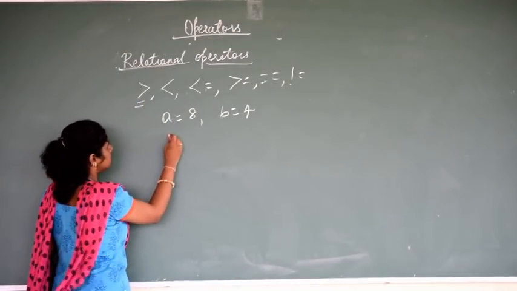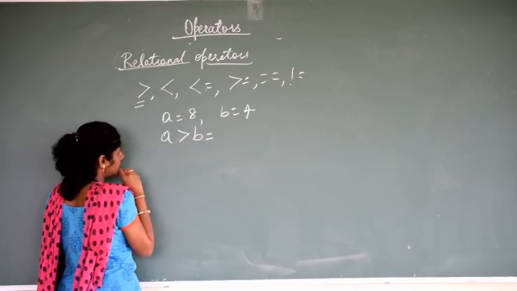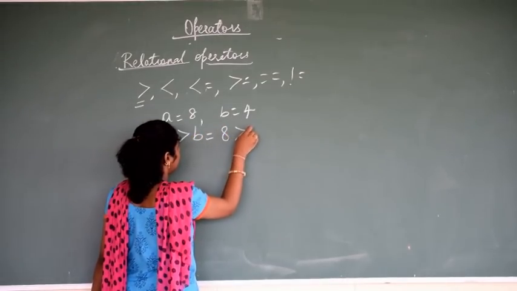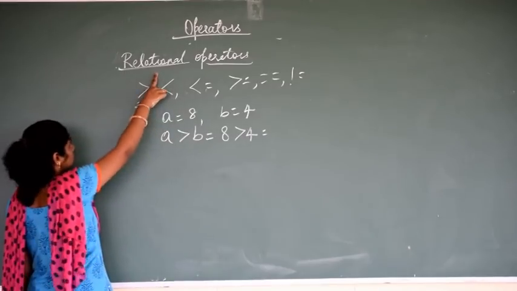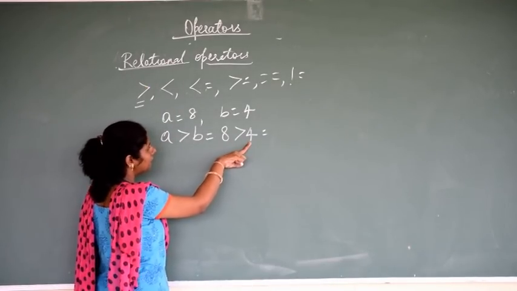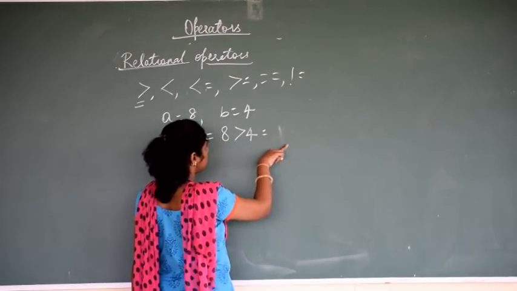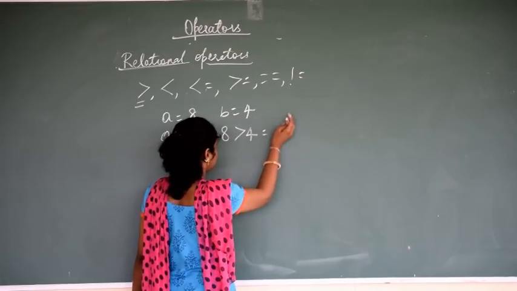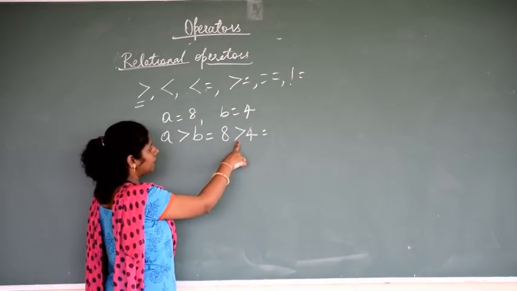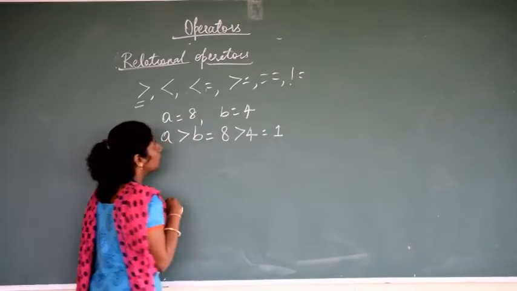The first relational operator is greater than, A is greater than B, that is 8 greater than 4. In case of relational operators, if the condition is true, it will return the value 1, and if the condition is false, it returns the value 0. Now 8 greater than 4, the condition is true, so it returns the value 1.